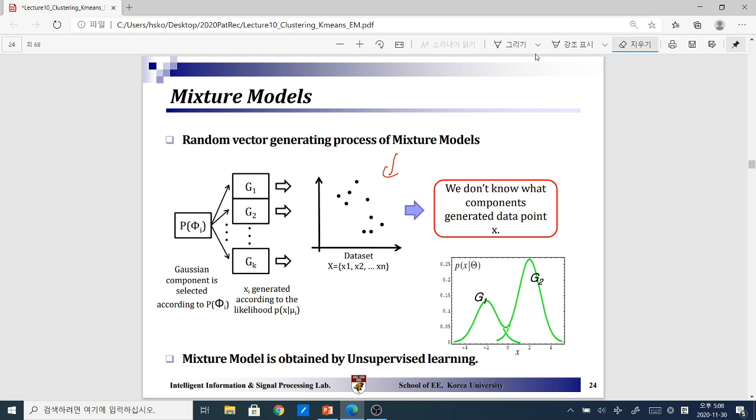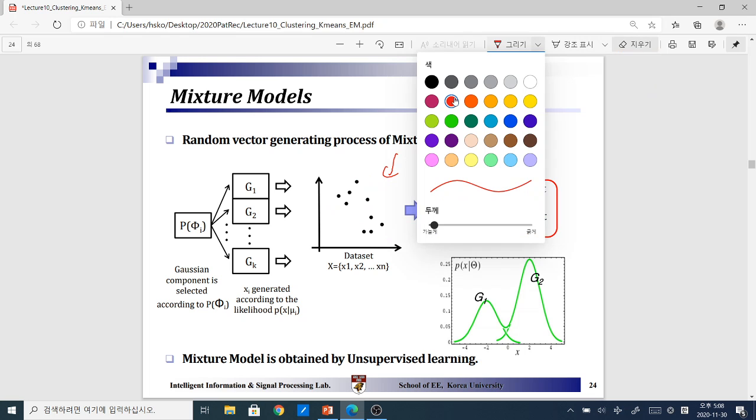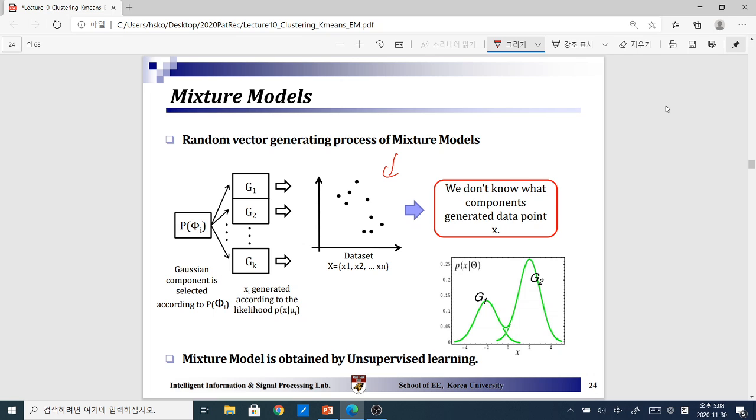Whereas in this case, the way these samples are generated is by first using this weight procedure.